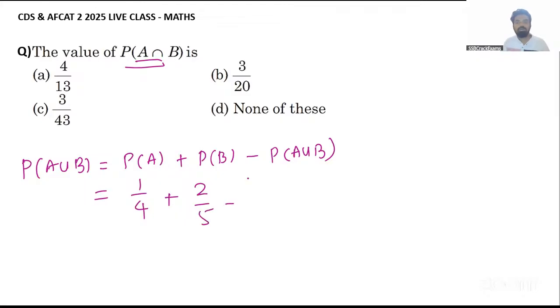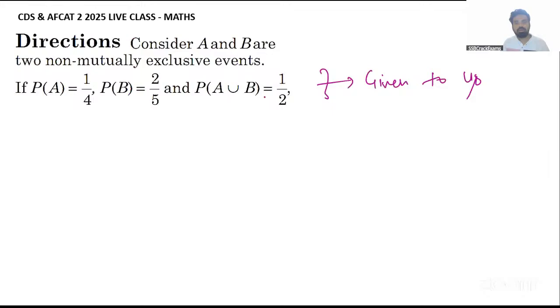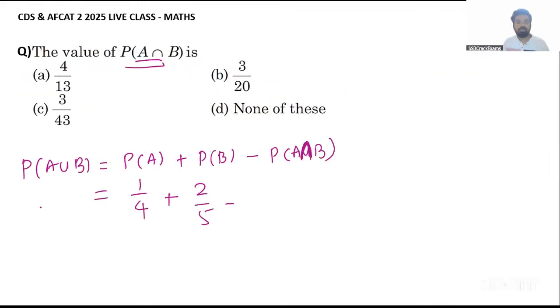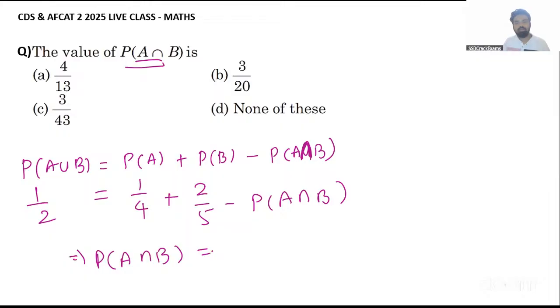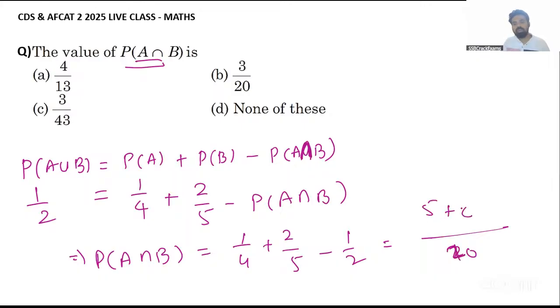A union B is 1 upon 2, and we do not know the probability of A intersection B. So the probability of A intersection B is 1 upon 4 plus 2 upon 5 minus 1 upon 2. Take the LCM, which is 20. It is 5 plus 8 minus 10, so it is 3 upon 20.